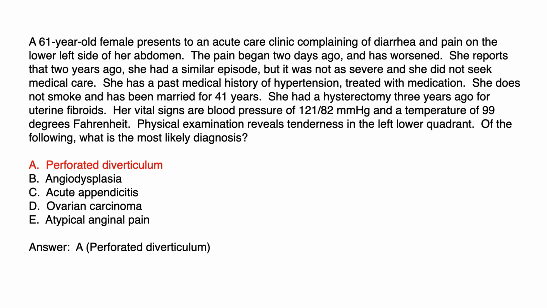Ovarian carcinoma, possible with tenderness in the left lower quadrant, but it wouldn't really explain the diarrhea and the other features, and perforated diverticulum is more likely. And then you would always want to consider atypical anginal pain, but of the choices there, the best one would be the perforated diverticulum.